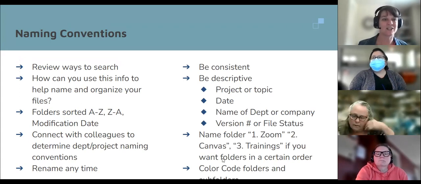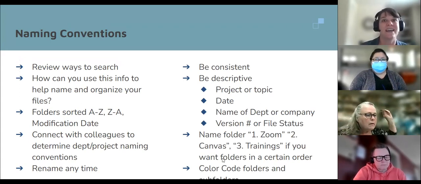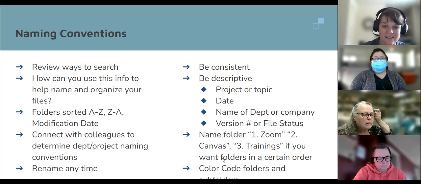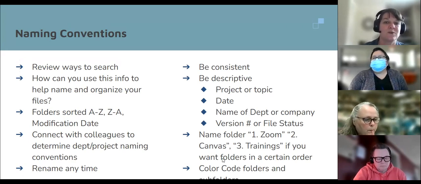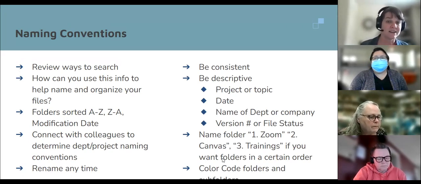So, things to consider when you are about to save or start a file: remember the different searching parameters, because you might want to include some of those details in the title of your file.